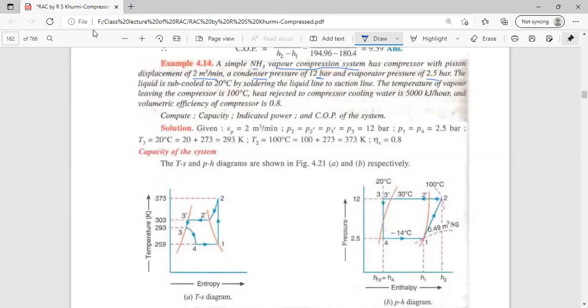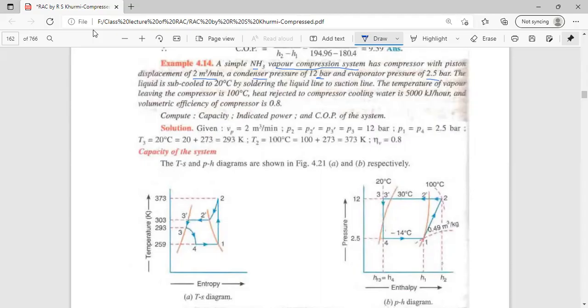And the liquid line is the outlet of the condenser, where the vaporized refrigerant is condensed into liquid. They are saying that the liquid is subcooled by 20 degrees by soldering the liquid line to the suction line.